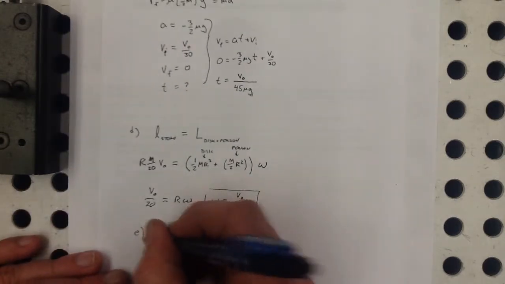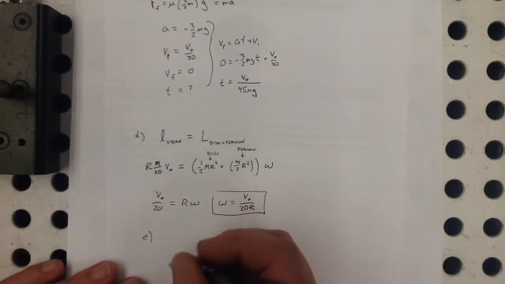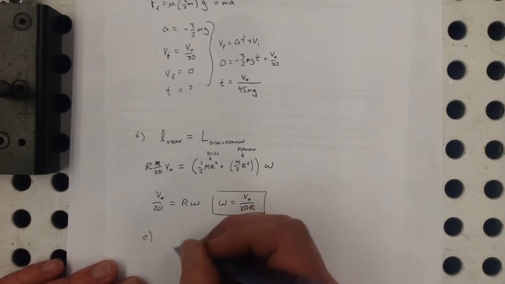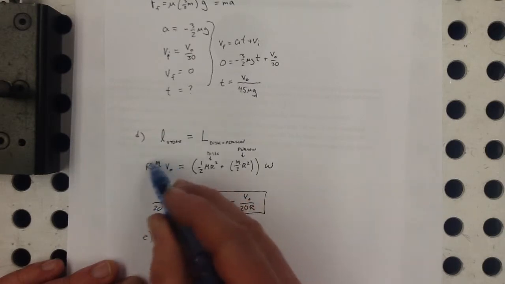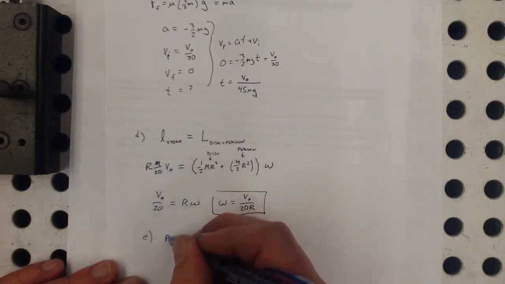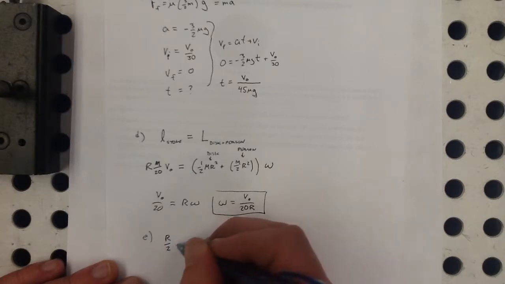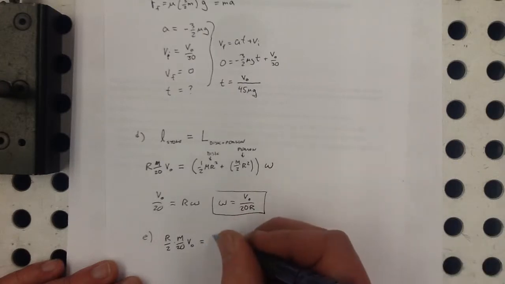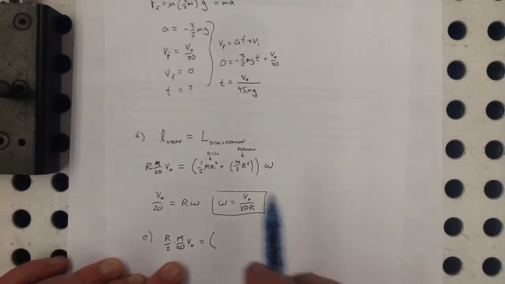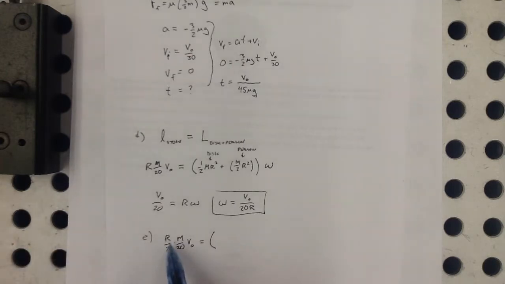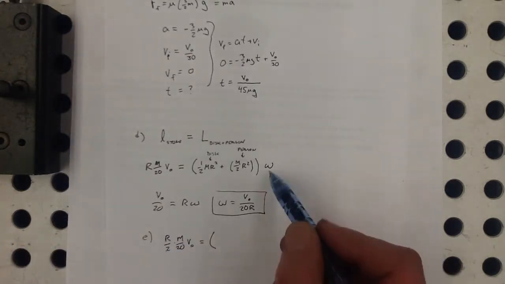Well, we could just figure that out. How would that change this? So I would still have the r, the stone's momentum now would be r over 2 times m over 20 v sub 0. And it's not totally, if you're just thinking, oh, well, that's smaller, so obviously this would be smaller.